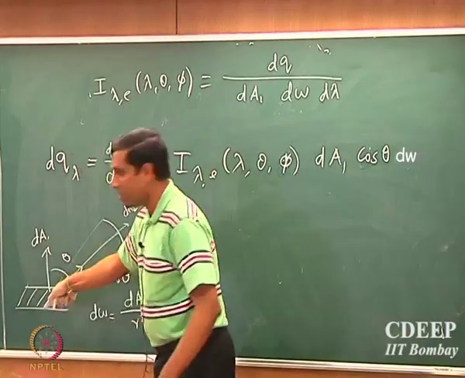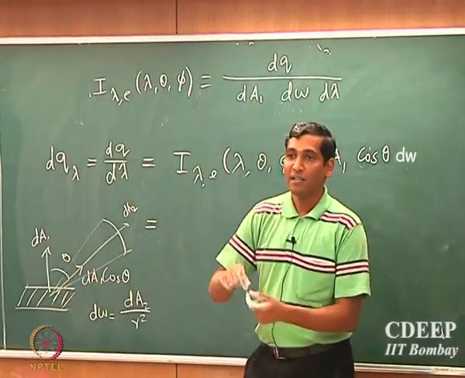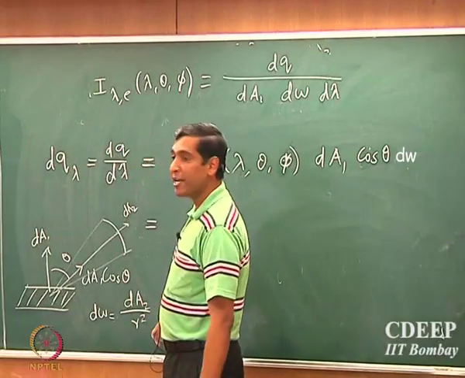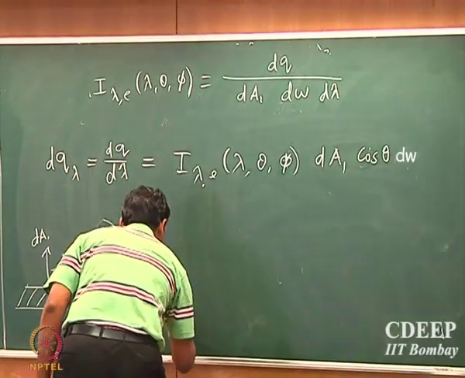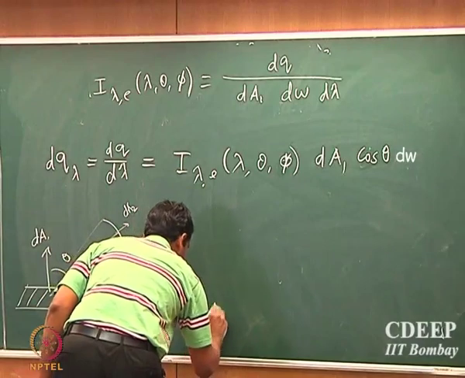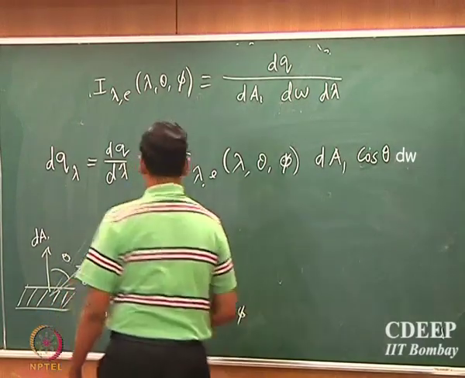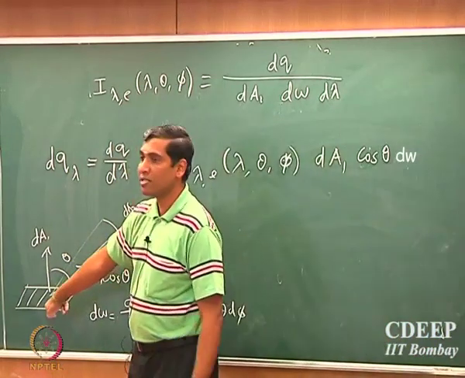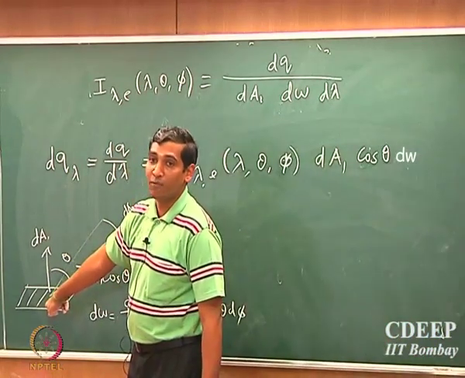This is the area component in the direction of the line that joins the centers of these two objects, and d omega is dA2 by r squared, which is given by sin theta d theta d phi. That's the solid angle subtended by this surface on the emitting surface dA1.